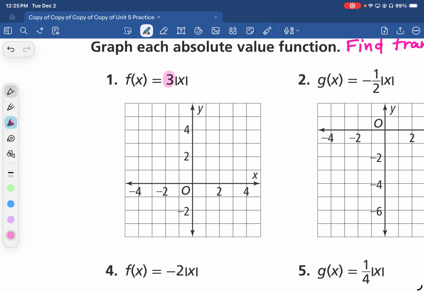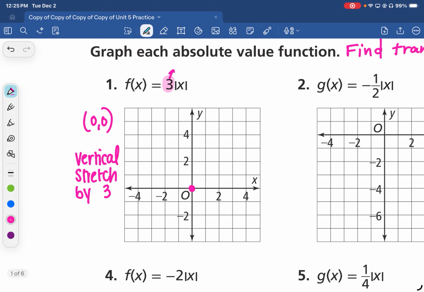And all we're going to do, okay, this first section, it says for each function, identify the vertex and the axis of symmetry. We're not going to worry about axis of symmetry, but we are going to do transformations. So go ahead and mark that out and put and transformations. And then we will do one of these together.